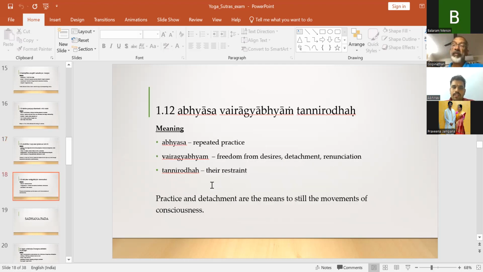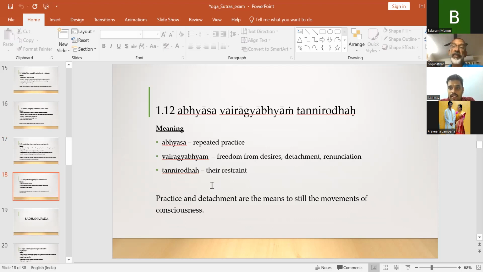Next comes a very beautiful sutra. Abhyasa vairagyabhyam tannirodha. Tannirodha means to restrain, or mastery. See, he has told there are five vrittis, which may be painful or not painful. So how to master these vrittis? He is giving a beautiful solution. What is that?